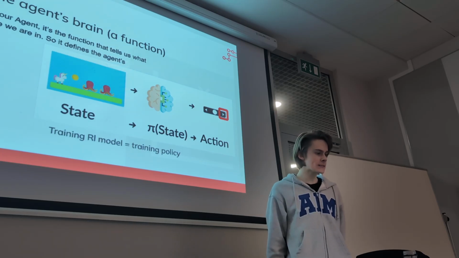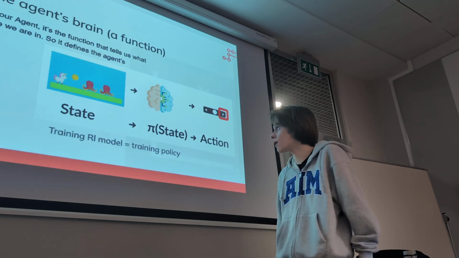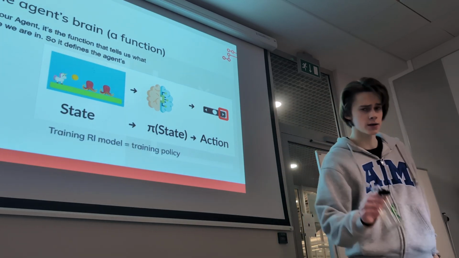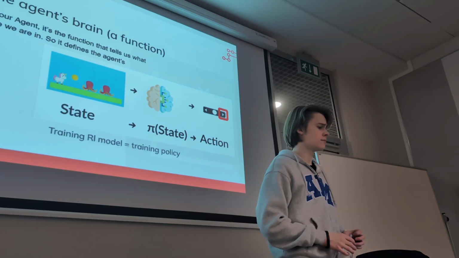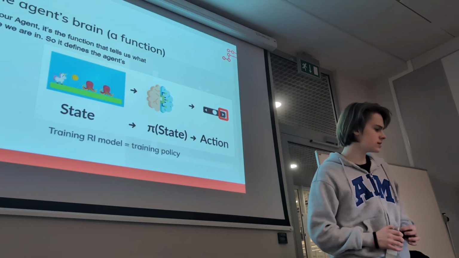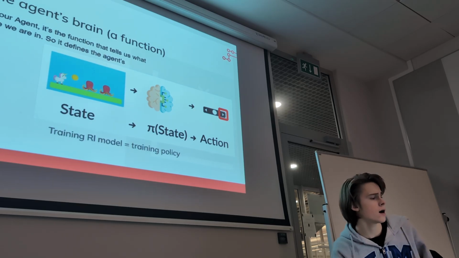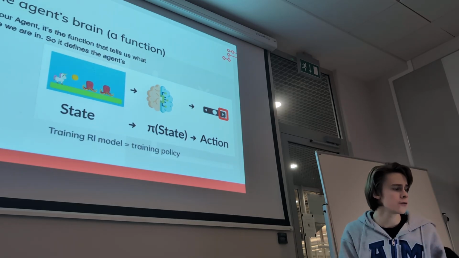Yeah. So the policy is the brain of our robot, which I mentioned a minute ago. The policy is the brain of our agent. It's the function that tells us what action to take given the state we are in.